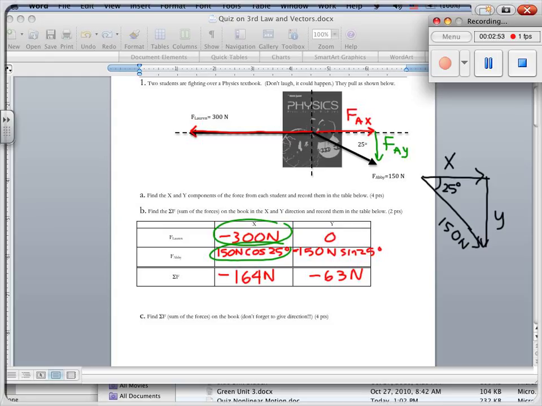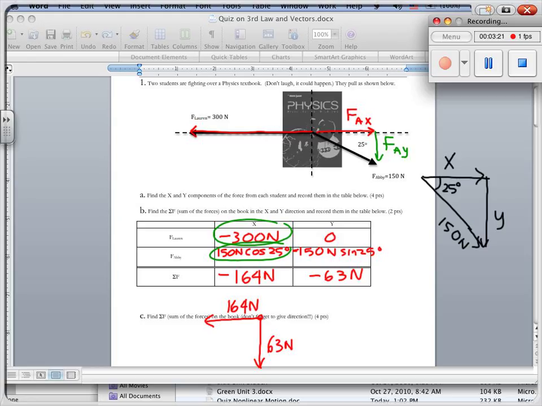Now, you're asked to then find the net force on the book, and so I now need to put these vectors back together using the Pythagorean theorem. The vector diagram now looks like this. The net force this way, 164 newtons, and down 63 newtons.